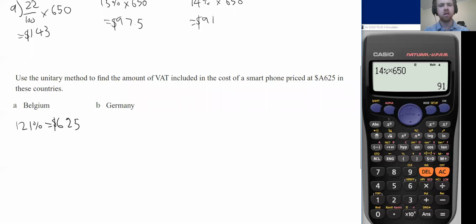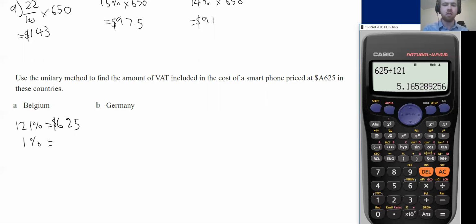Now the way that we're going to do this is we're going to use the unitary method where we find out what 1% is and then we multiply up. So we're going to divide to get 1%, we're going to multiply to get 21%. So for 1%, we just need to divide 625 by 121.